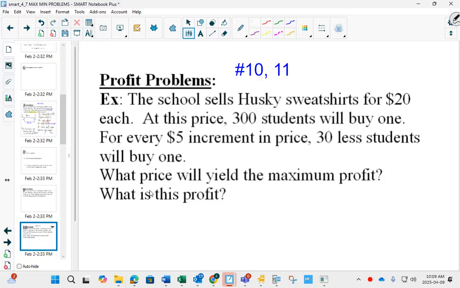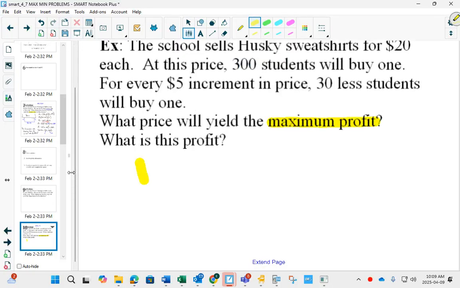Okay? So first of all, when we look through the question, we look at what they want as a maximum or minimum. In this case, the question wants to find a maximum profit. So we know that we're going to write our equation as profit equals, well, how do you calculate your profit? It's what times what?